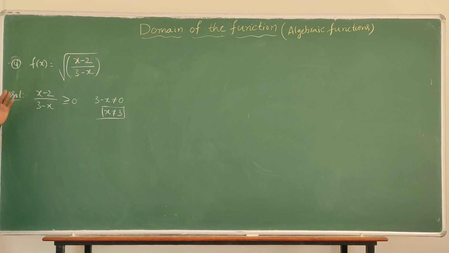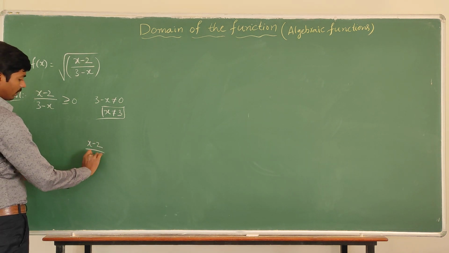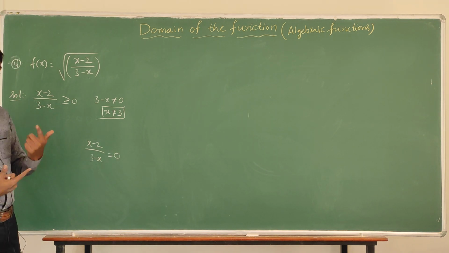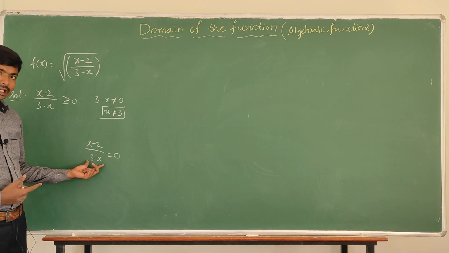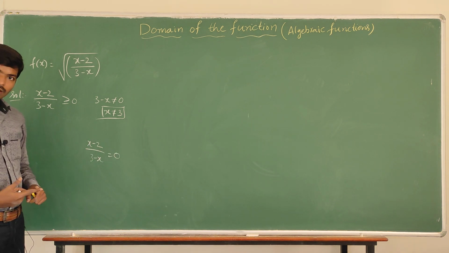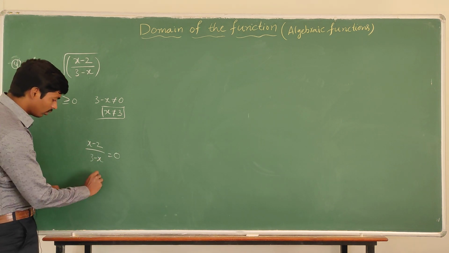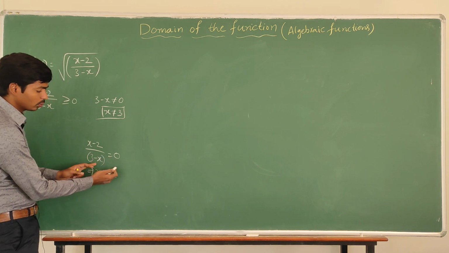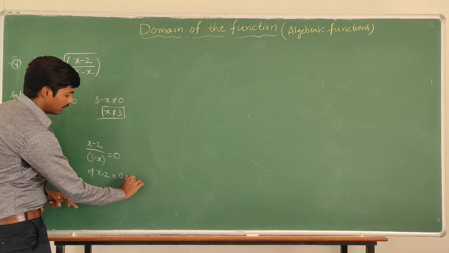Suppose this is an equation, x minus 2 by 3 minus x equal to 0. Then what I will do is transpose 3 minus x to the other side and multiply with 0. So x minus 2 equal to 0 into 3 minus x.